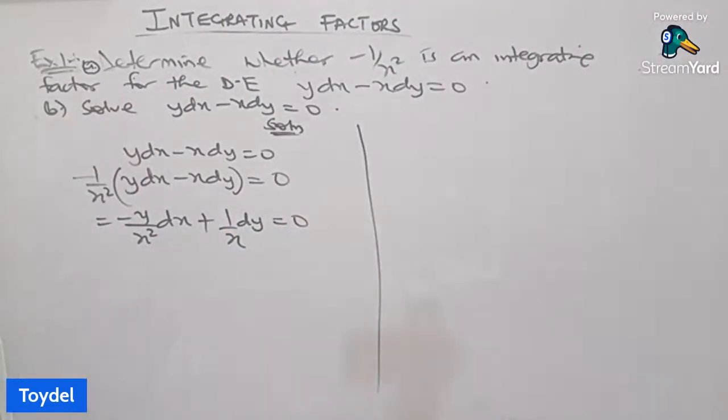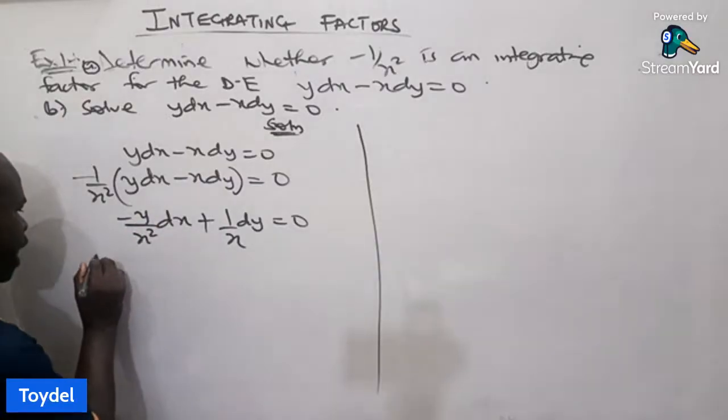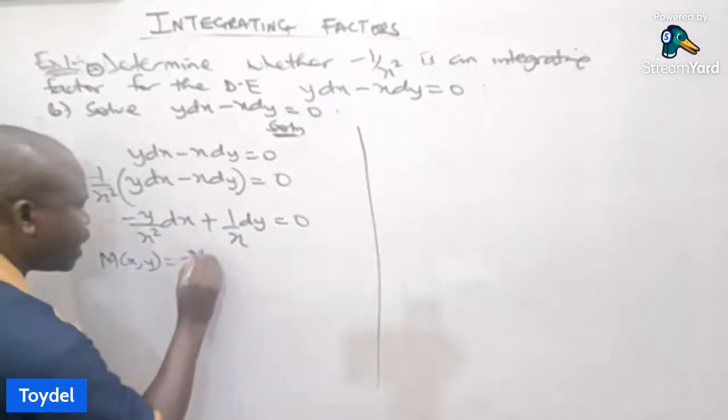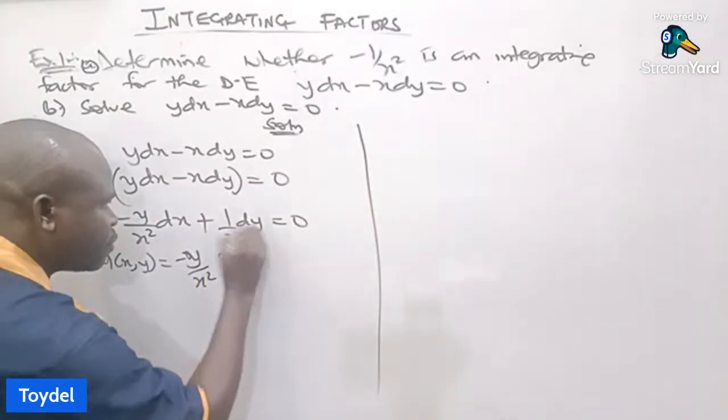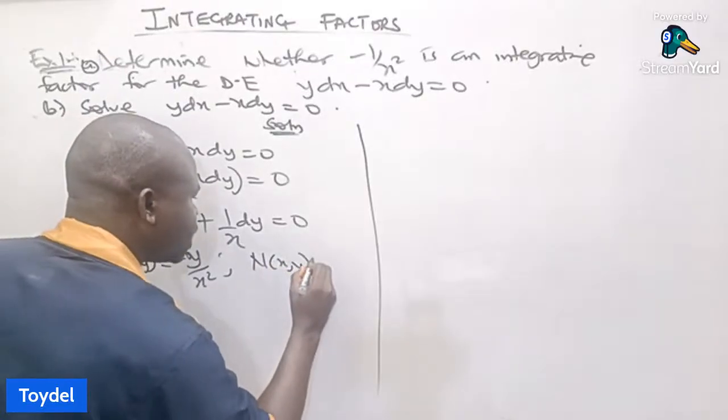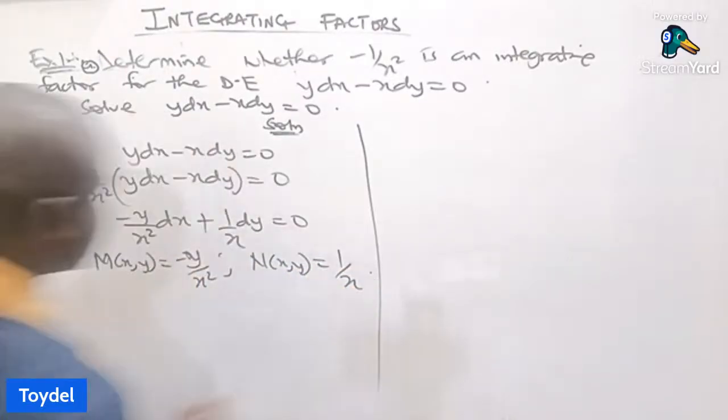So what we have beside dx will be M of x comma y, which is minus y over x squared. Then what we have beside dy will be N of x comma y, which is 1 over x.